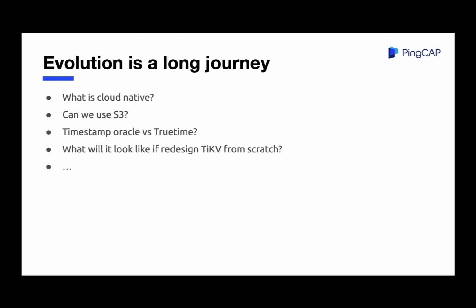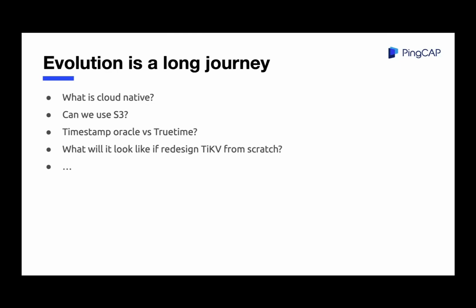For example, what is cloud native? TiKV has called itself a cloud native distributed key-value database in the past. But with the evolution of technology and the change of environment, at least I myself think that may not be an accurate statement.